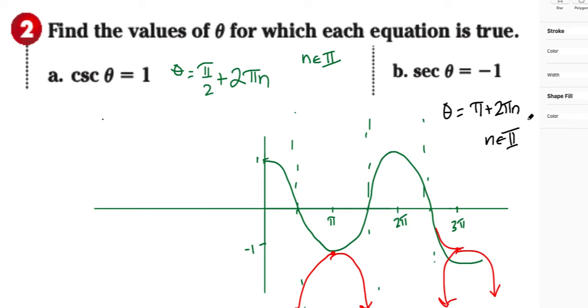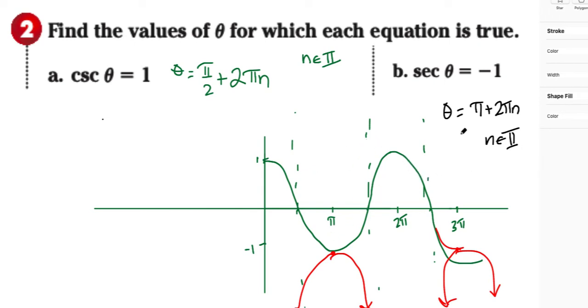So any integer multiple of 2 pi added on to pi is going, oh, did I do that right? Does that make sense? Let me think about this. I said odd multiples of pi. I want to just see if this handles that. Yeah, this does, right? Because if I start off with pi and I add 2 pi, I'm always going to be adding odd multiples of pi. I just needed to check it myself. Thank you for being patient with me, guys.